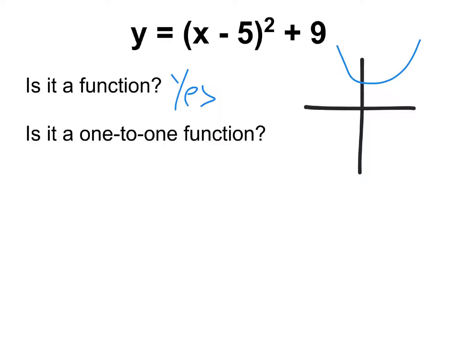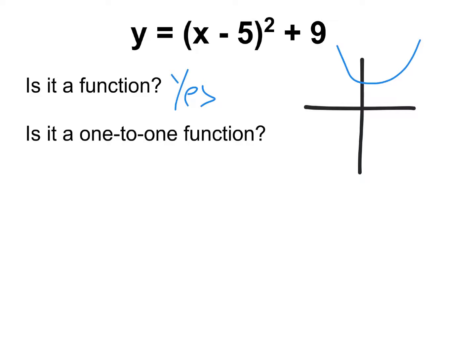And if I want to know if it's a function, that means there can be no more than one y for any given x, which is often a confusing way to say it. Oftentimes we just remember it by remembering that we do what test? The vertical line test. The reason the vertical line test works is because the vertical line is looking to see how many y values there are for that given x.